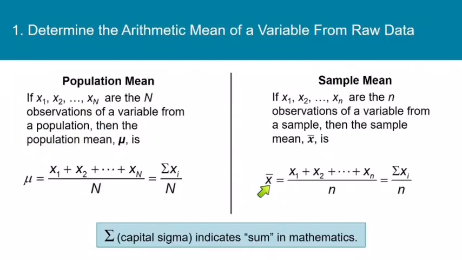Okay, then the sample mean says that X bar is equal to the sum of all the X values in the sample divided by the sample size. So again, both of these are calculated the same, but in the population mean we divide by population size, and in the sample mean we divide by sample size.